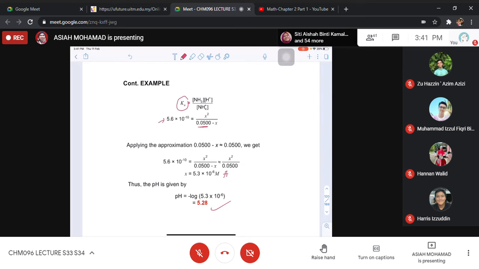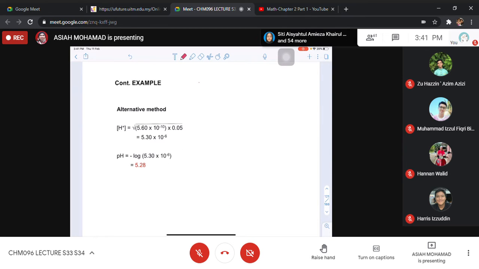But of course, there is always an alternative method to calculate H3O plus. If you don't want to construct the ICE table, that is also possible. H3O plus is equal to the square root of C times Ka. C is the one we calculated for the salt.